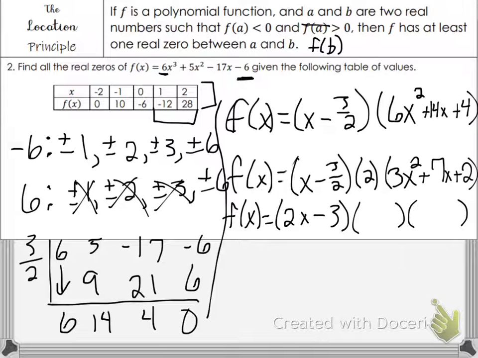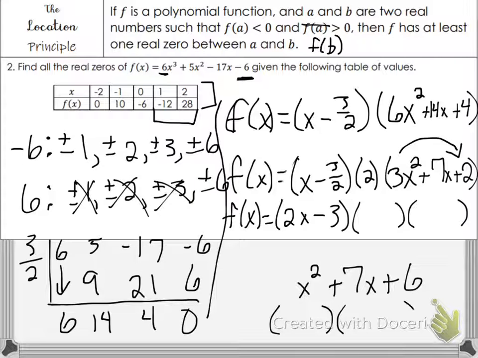How am I going to factor 3x squared plus 7x plus 2? Slide and divide. Bring my 3 over, multiply by 2. It's 3 times 2? 6. Now let's factor this. What's the variable I'm dealing with? X, so the x goes in the first part.